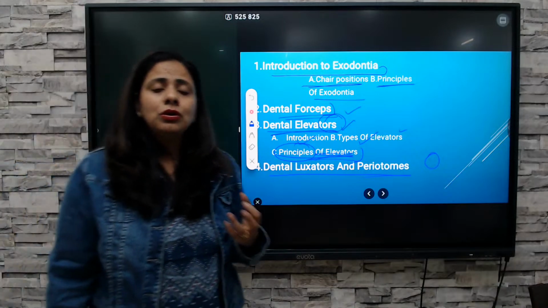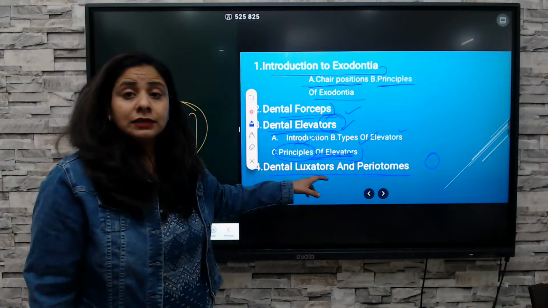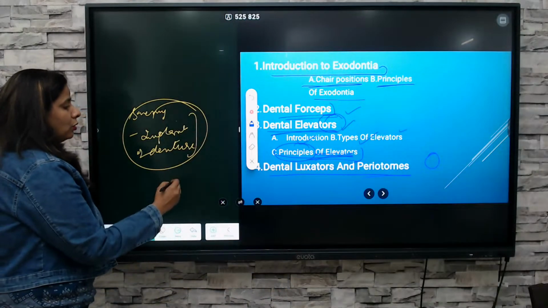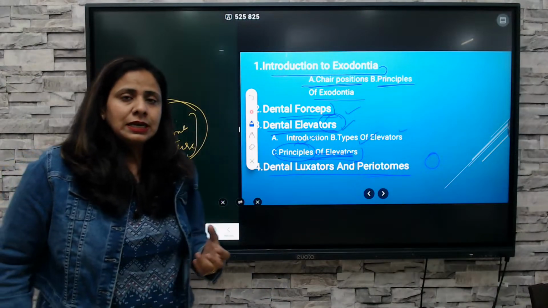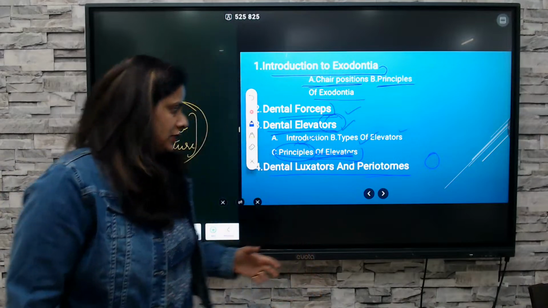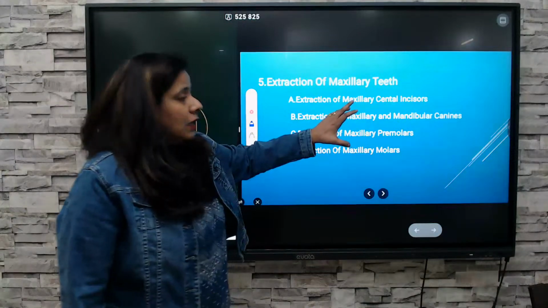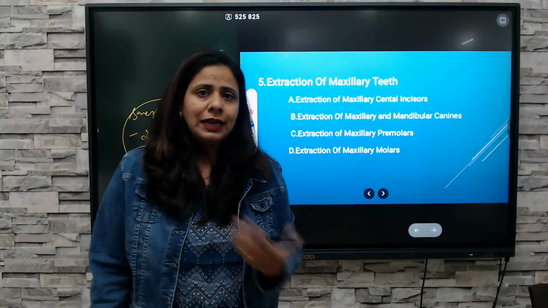So I use a lot of dental luxators and periotomes, and they give me very good control over my forces. They do atraumatic extractions.